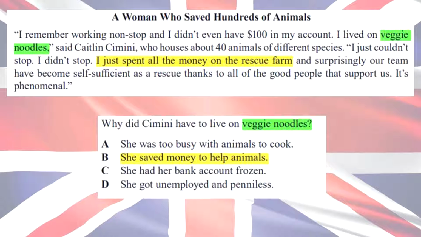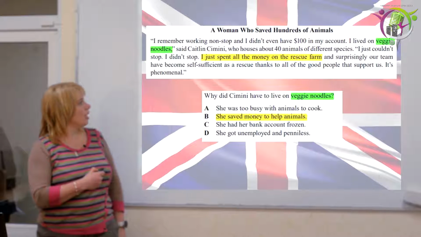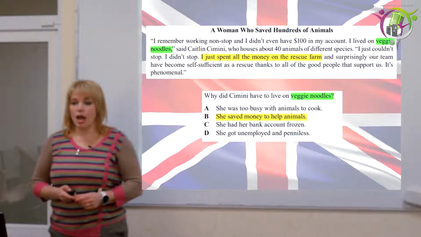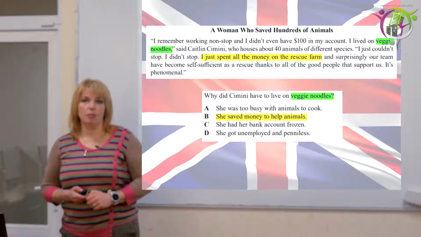So let's look at the task. I remember working non-stop and I didn't even have $100 in my account. I lived on veggie noodles. So the question was, why did Simini have to live on veggie noodles? After we read that, we have the explanation. So the correct answer would be, she saved money to help animals.